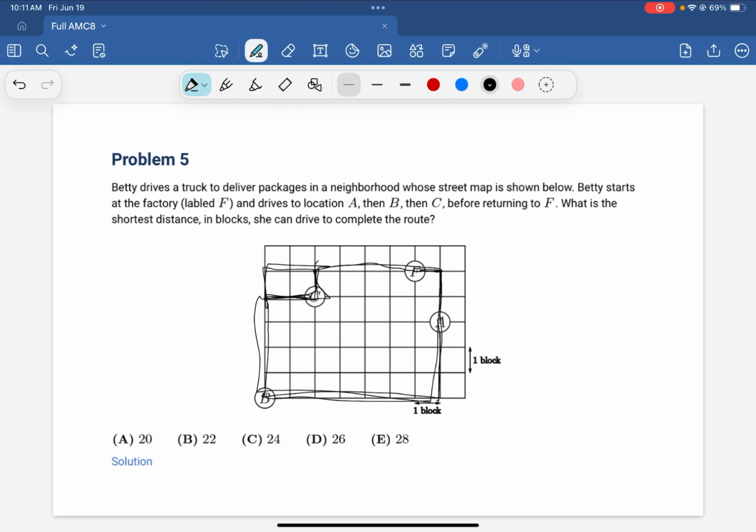Now we're just trying to find the perimeter of this big rectangle, and that is a length of 1, 2, 3, 4, 5, 6, 7, by 1, 2, 3, 4, 5, a 7 by 5 rectangle. So the total perimeter is 7 plus 5 times 2. 12 times 2 is 24. So the answer is C.